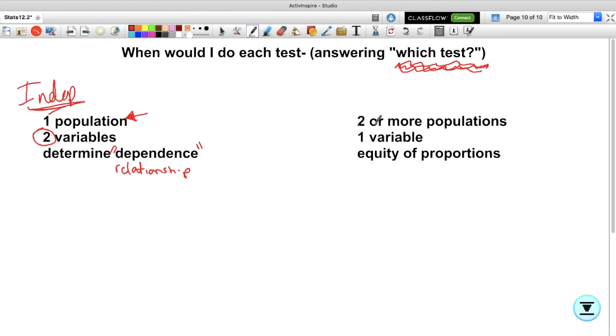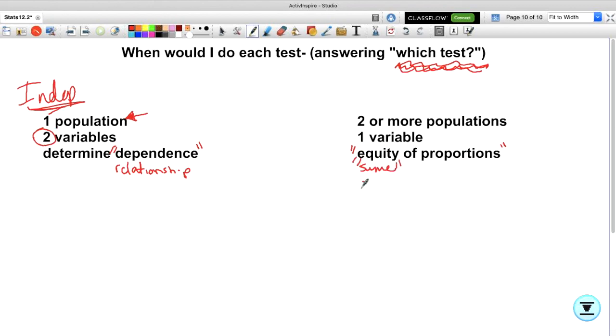If there are 2 or more populations and they're going to be represented as columns, so look at your columns. Is that a variable or is it representing different groups? If it's 2 or more different groups, then that's going to tell you automatically that you're doing the homogeneity of proportions. Okay, you're going to know that right off the bat. If it's one variable being measured and it's only on the left-hand side, and if they're asking you in the problem something about the equity of the proportions, and it doesn't have to say equity, it could say something like, are the proportions the same?